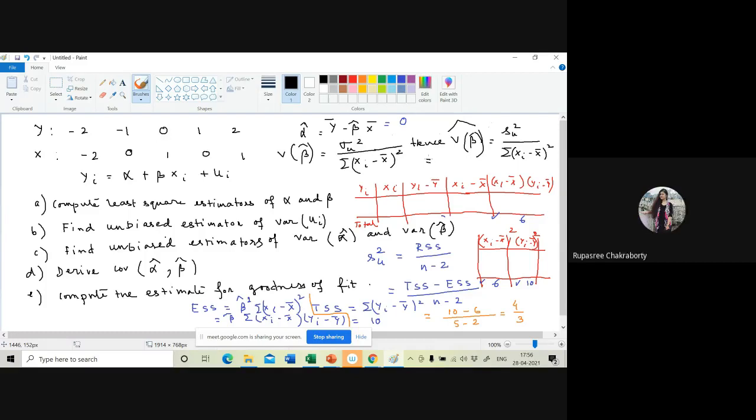Ma'am, 2 by 9. Rajdeep, are you getting 2 by 9? Ma'am, 2 by 5. Summation xi minus x bar whole square is 6.